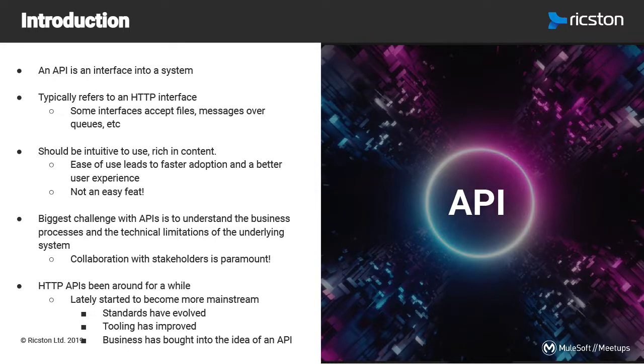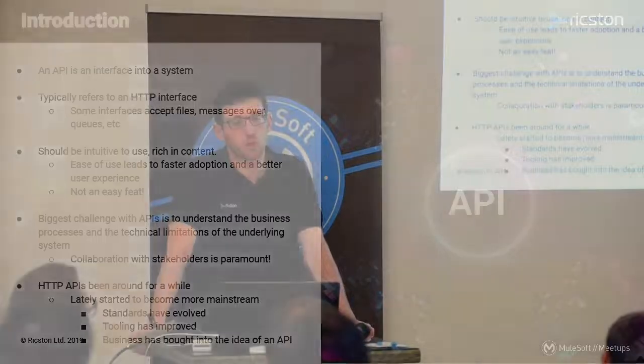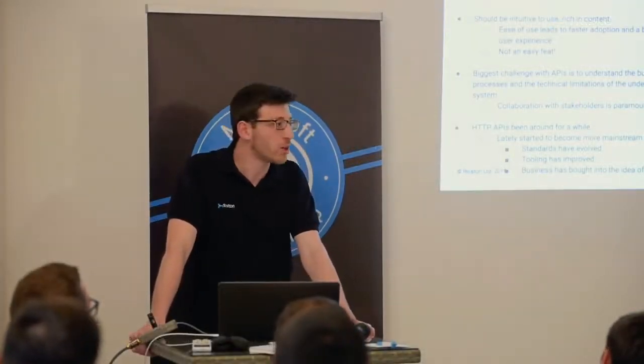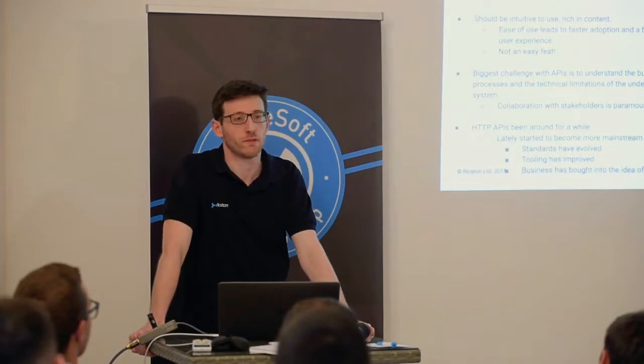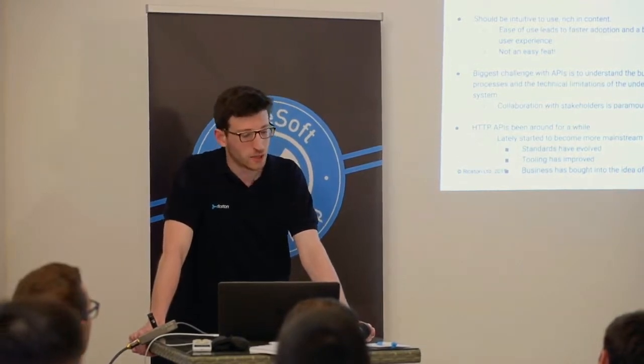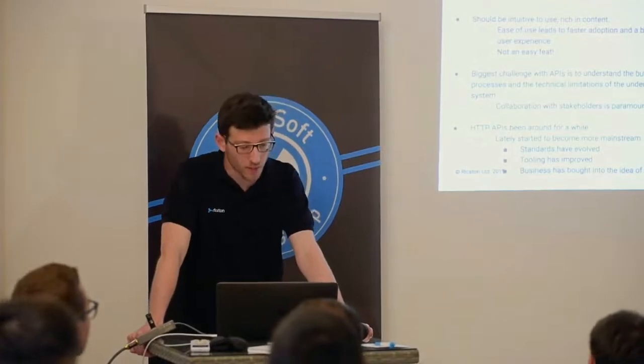However, there are also other kinds of APIs. There are those which, say, accept messages from a queue, or even those that accept files containing a specific format. Okay. However, lately the more modern APIs tend to be exposed over HTTP.